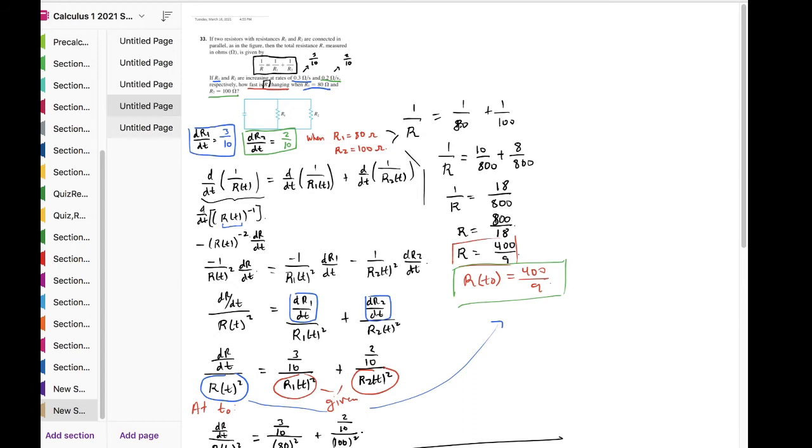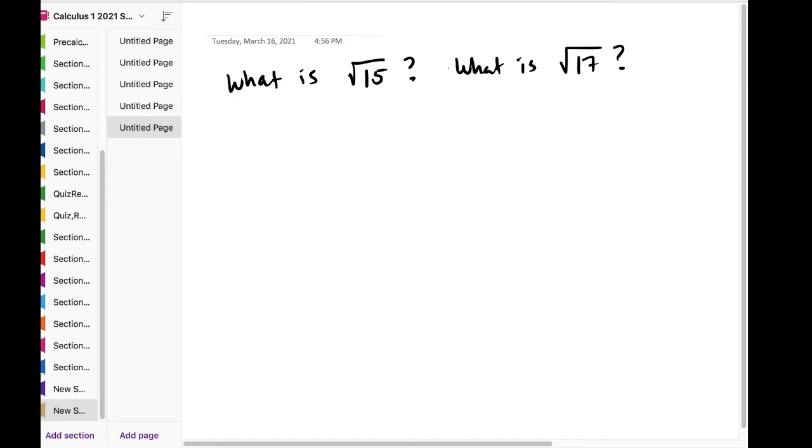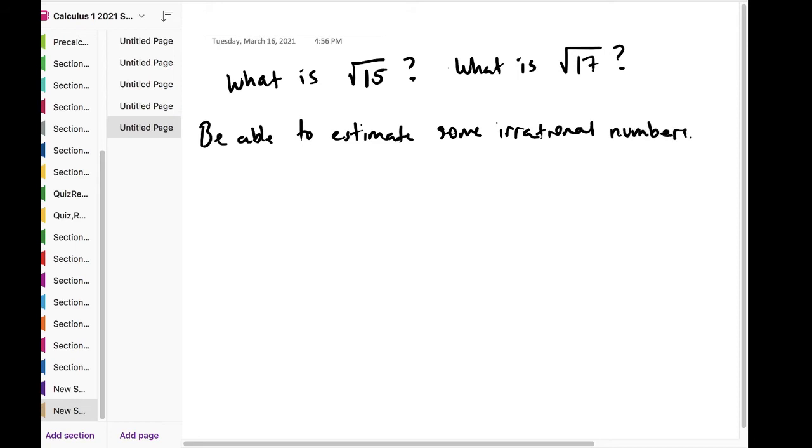Okay, so let's move on to linear approximation. So a nice motivation for linear approximation is that we're going to be able to estimate some irrational numbers. Not all of them, but we can estimate some of them.